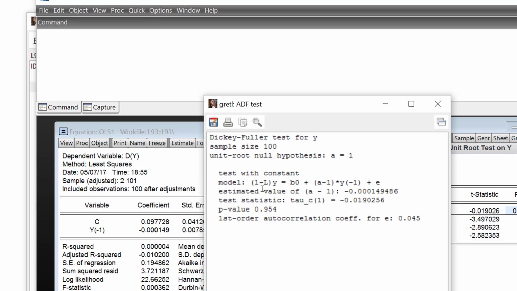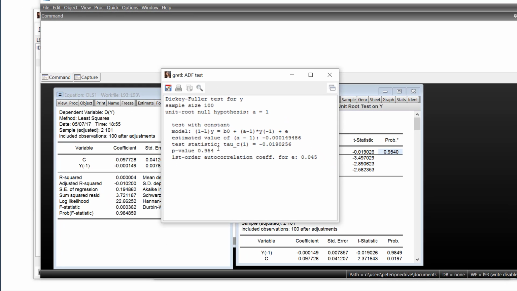So the first difference in y is a constant, a minus 1, that's the rho minus 1, so that's our delta, times lagged y plus some error term. The estimated value of a minus 1, well, that's the estimated value of the delta, precisely what we got in the eViews case. And finally, the p-value.